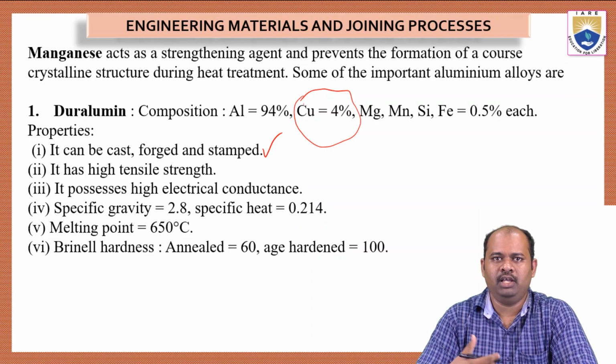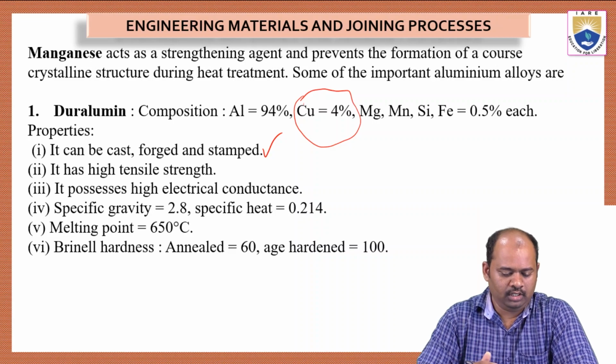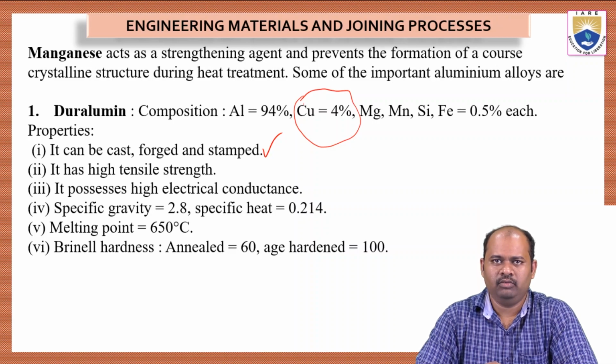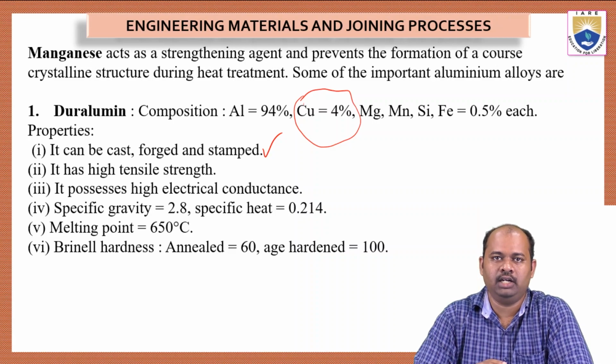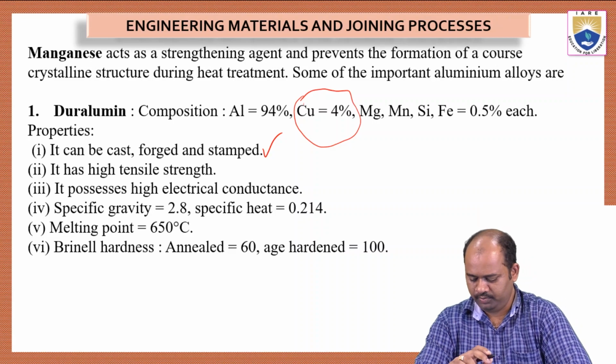So it can bear more load at less weight. And then the melting point of duralumin is around 650 degrees centigrade, which is very near to the actual aluminium. And brittle hardness is about 60 in annealed and 100 for age-hardened aluminium. Okay, these are the properties of duralumin.